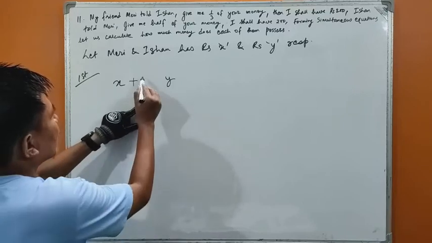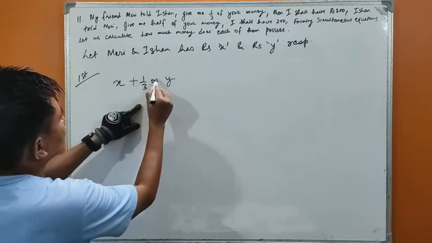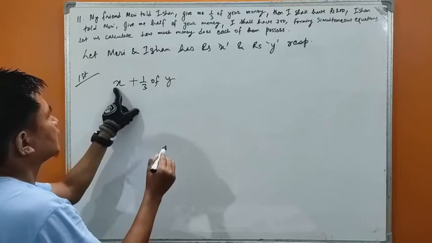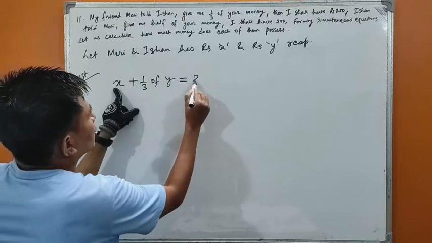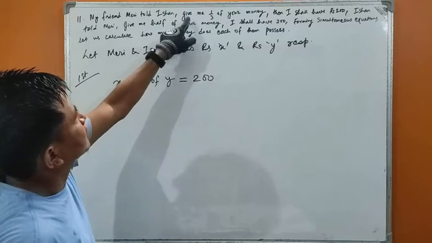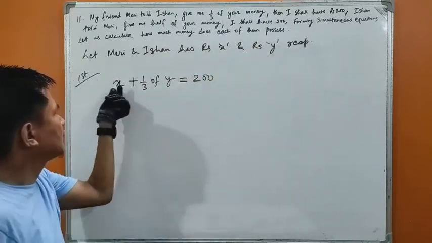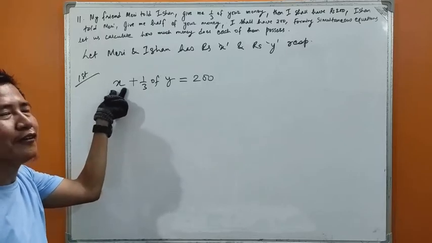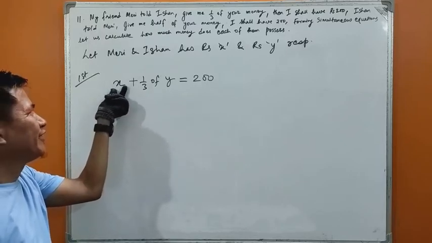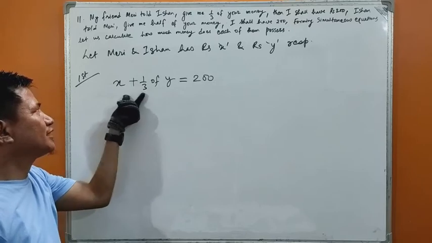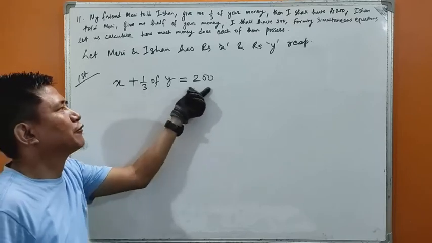So if 1/3 of Ishan's money is added to Mary's money, then the total amount will be rupees 200.